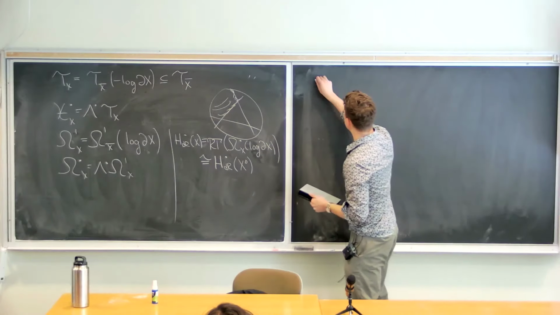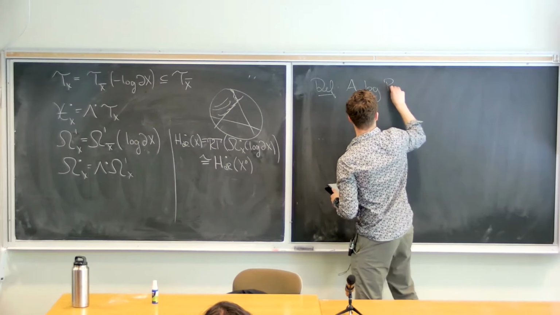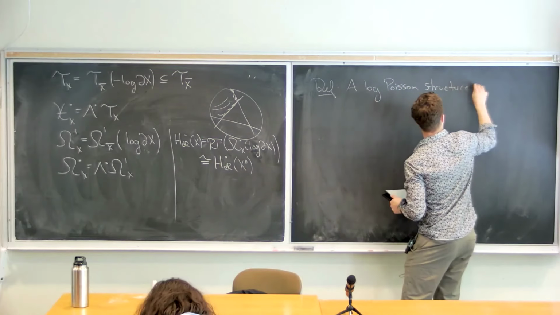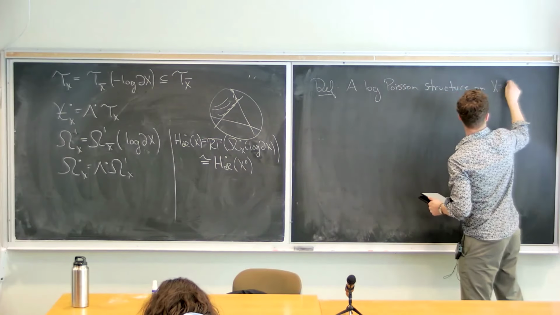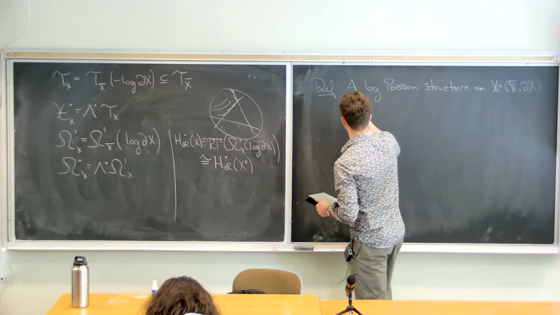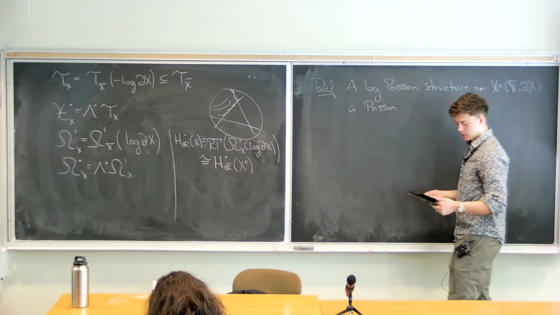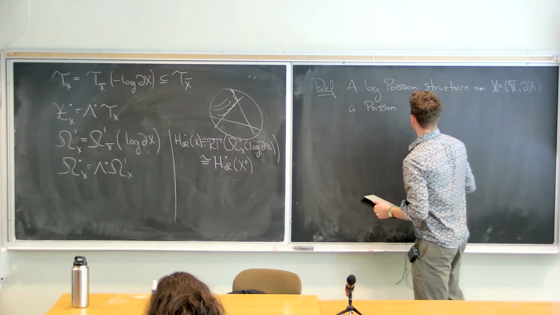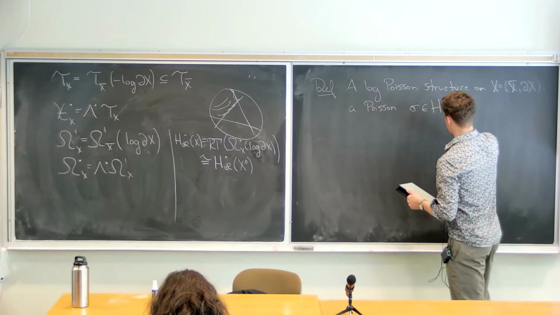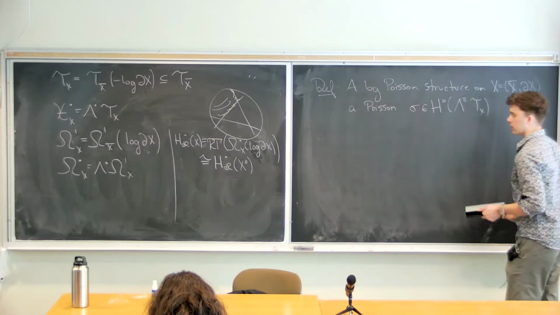So with this, we can say a log Poisson structure on this log manifold. So what is this? This is a Poisson structure in the normal sense, like a holomorphic Poisson structure. I'm going to swap to sigma instead of pi. So it's a global section of wedge 2 of this holomorphic logarithmic tangent sheaf.